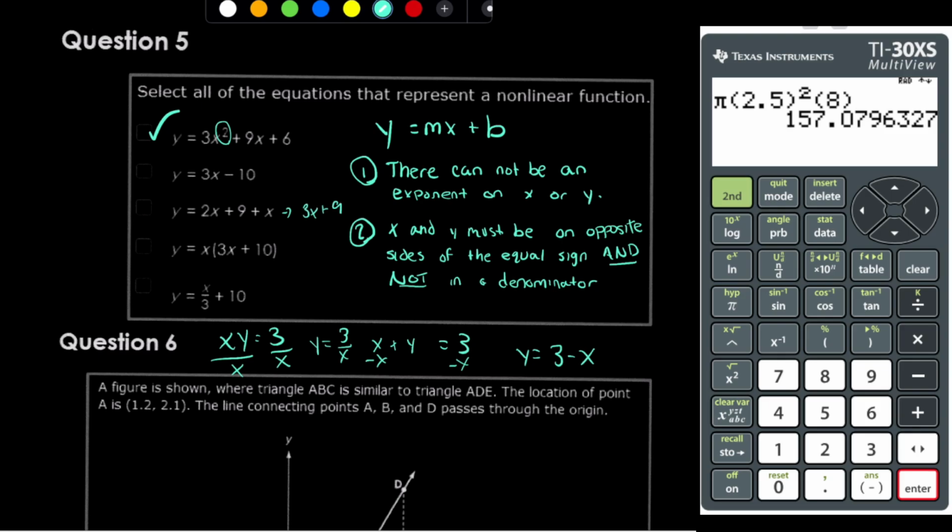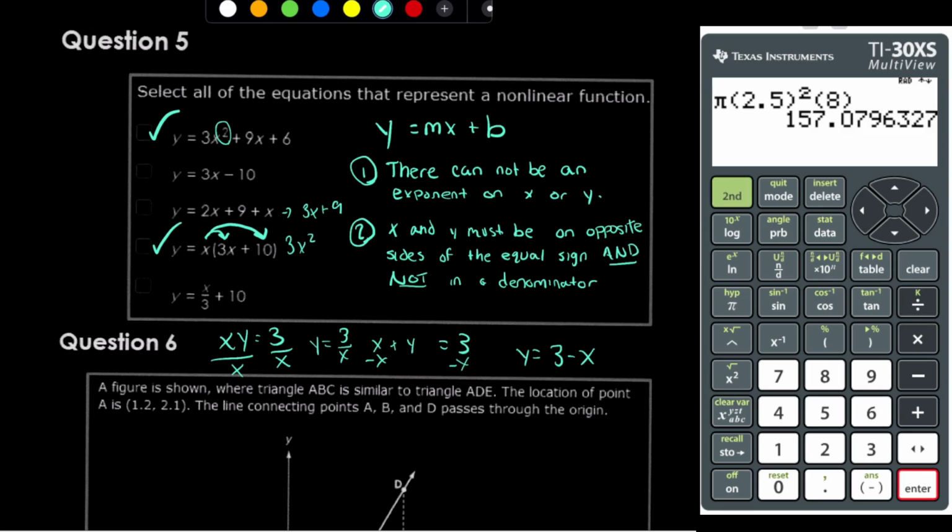That's fine. It's linear. 4, y equals x parentheses 3x plus 10. This uses distribution. This is different from the above problem because distribution, remember, is always multiplication. What do you get when you multiply x times 3x? Well, you get 3x squared, and now we have an exponent, so that doesn't work. That's not linear.